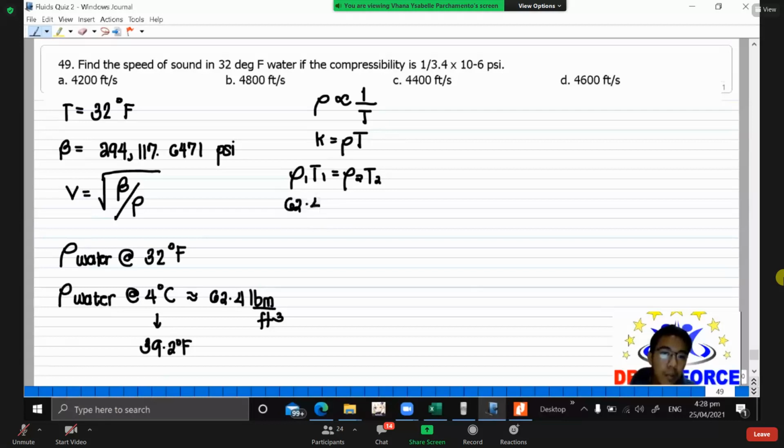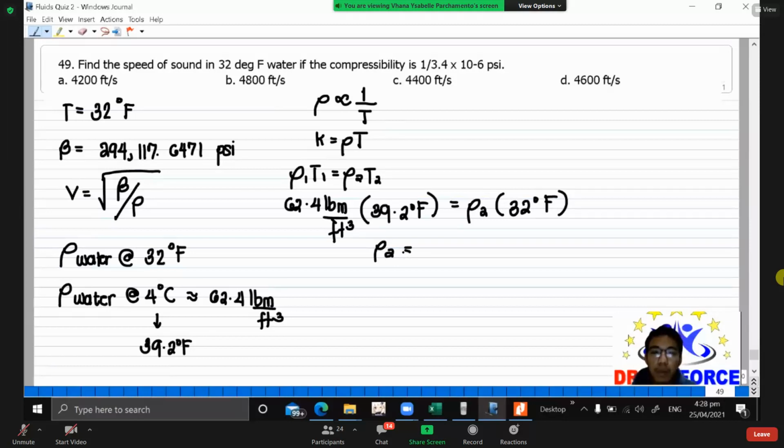62.4 pound mass per cubic feet, times yung temperature niya, that is 39.2 degrees Fahrenheit. Then, hanapin natin yung unknown density 2 given yung kanyang temperature 2, 32 degrees Fahrenheit. Okay, what is its density 2?